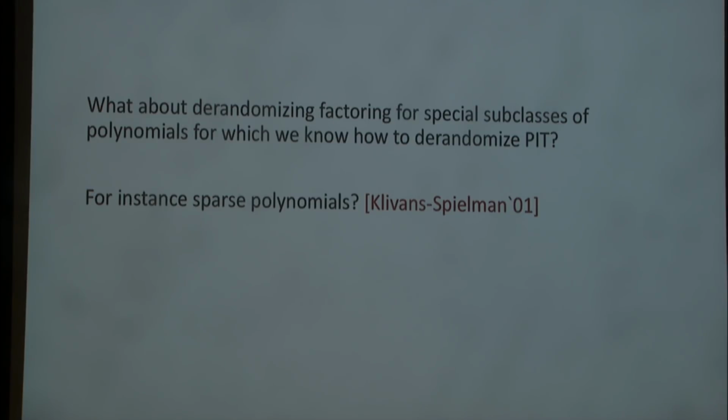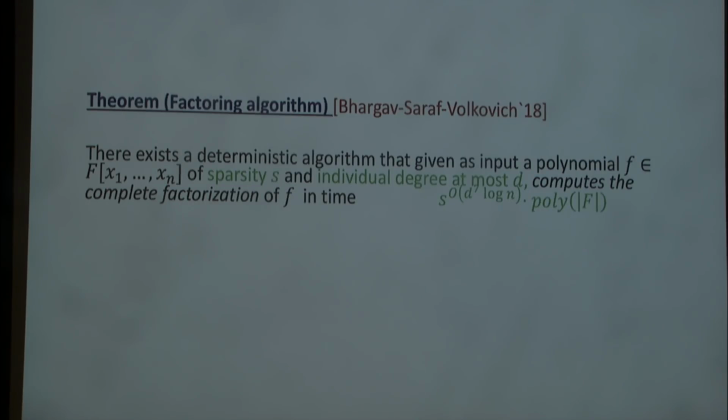Good. So it's a nice question to ask about derandomizing factoring for sparse polynomials. We can't do it for general sparse polynomials, which is again a beautiful question. But we do it for sparse polynomials with a bound on individual degree.